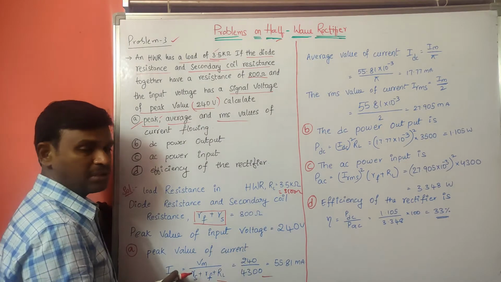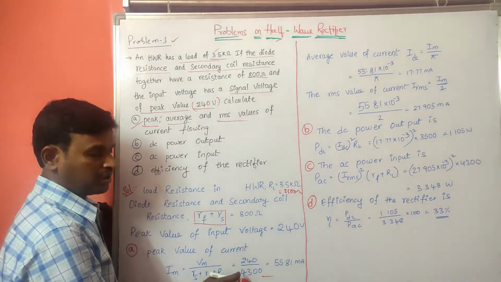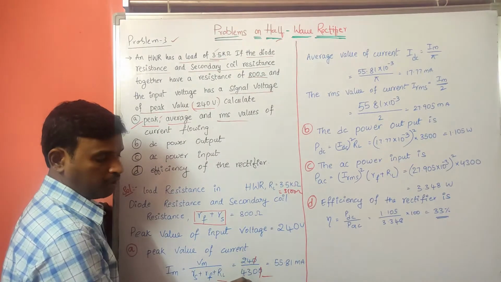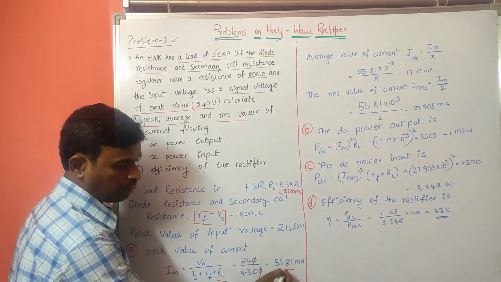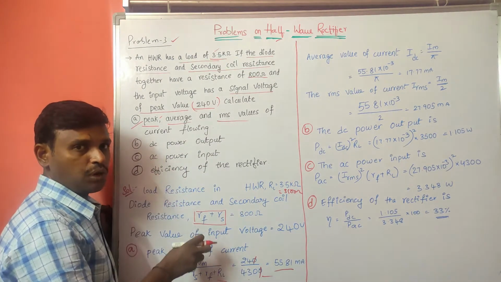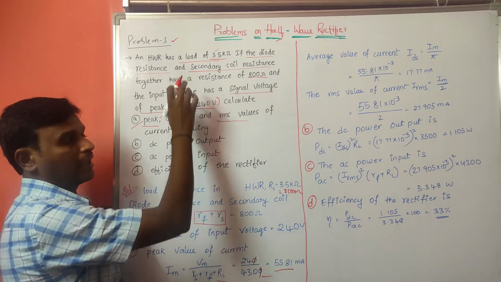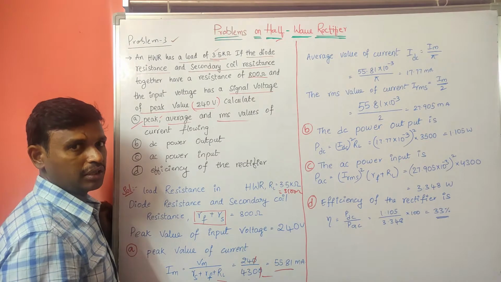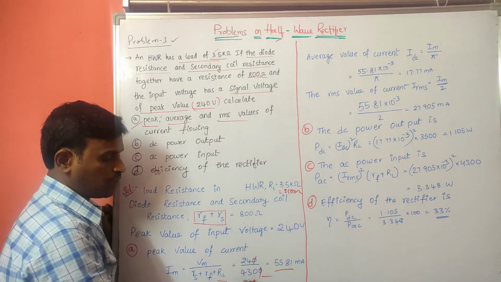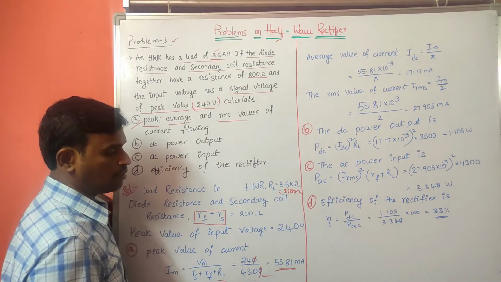So Im is 240 by 4300, and if you divide it, you will get 55.81 milliamperes. This is the peak current we are getting because of this 240 volts and the total resistance.